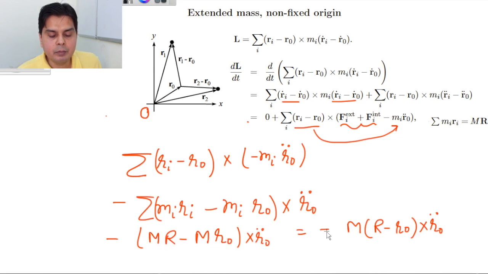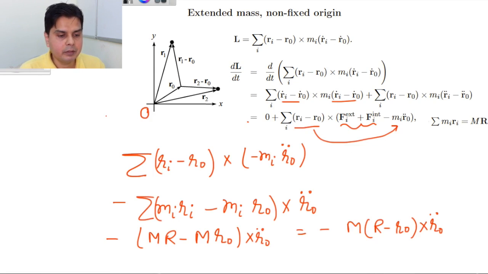So I can write it as minus capital M, which I have taken out, bracket R minus R0, where R is the position vector of center of mass, cross R0 double dot. So this is the contribution when you multiply this with this.